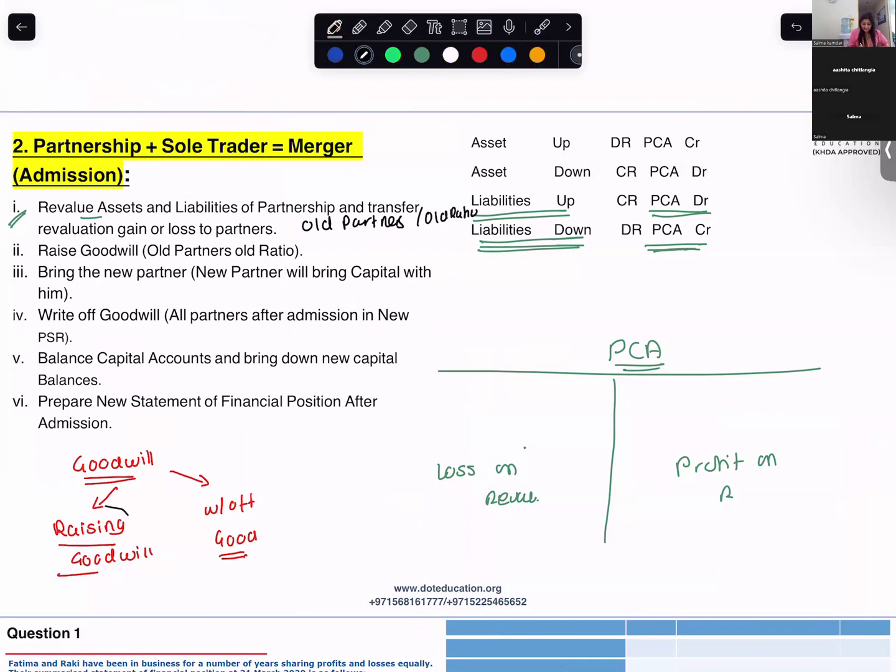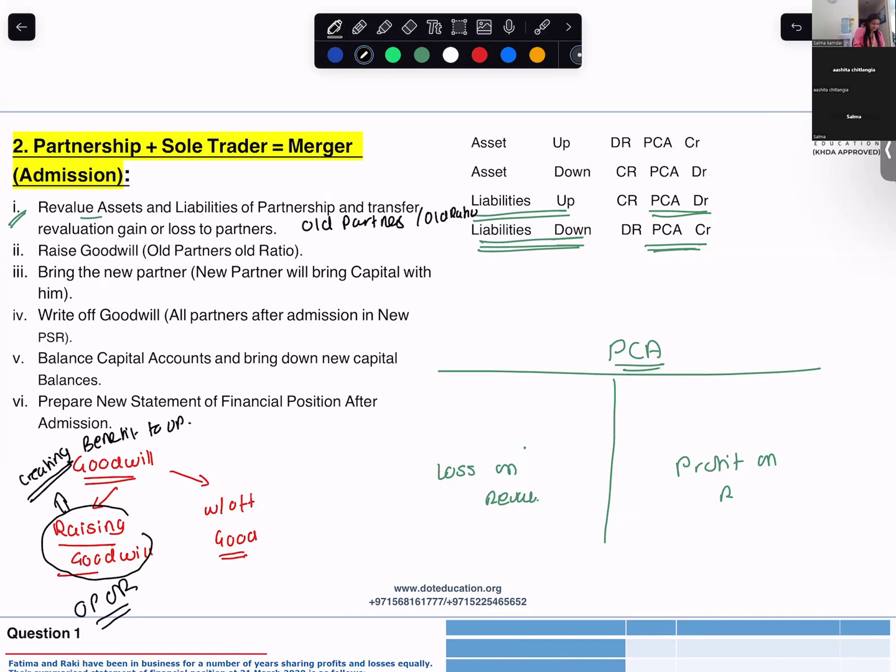When I am raising the goodwill, goodwill is always raised in OPPO. What do you mean by this OPPO? That means goodwill is always raised among the old partners in the old ratio. Goodwill raised means I am creating an asset and I am giving the benefit to the old partners.